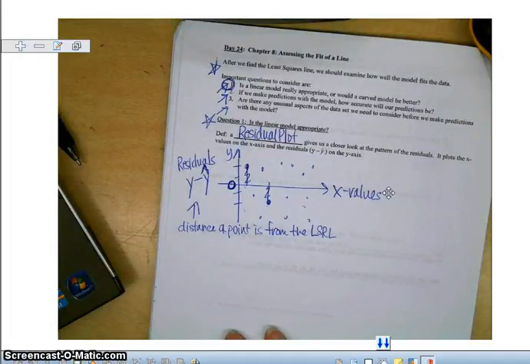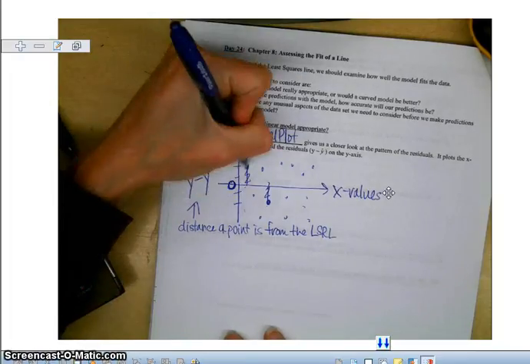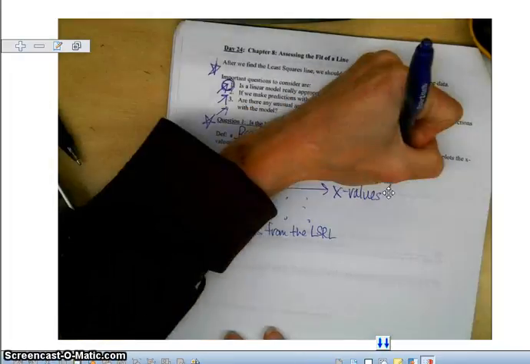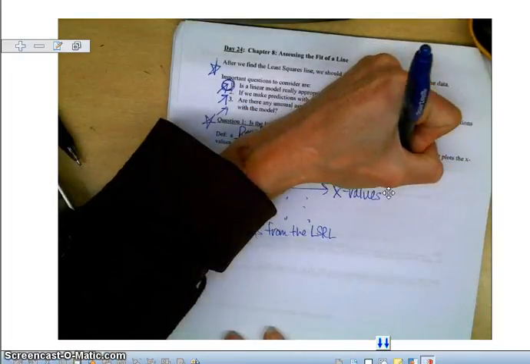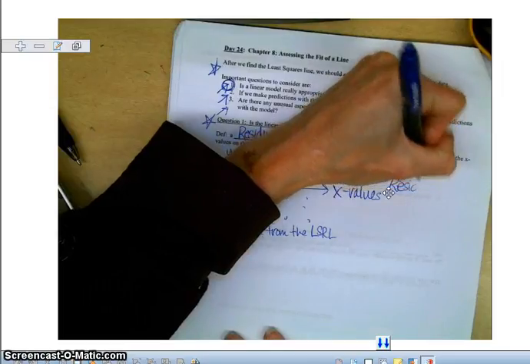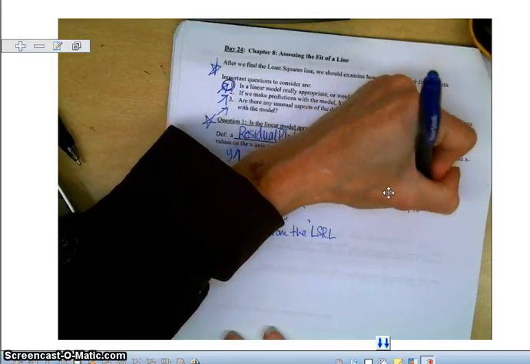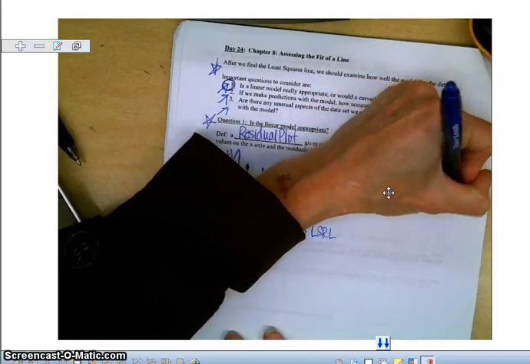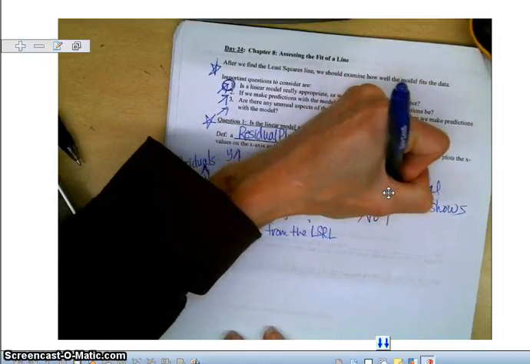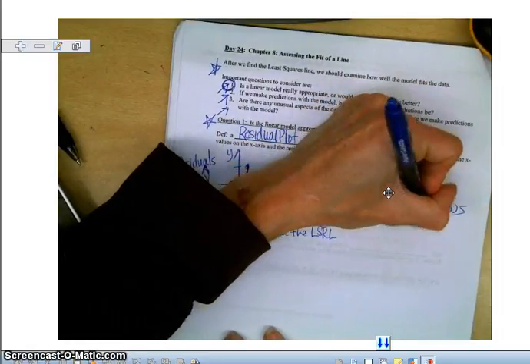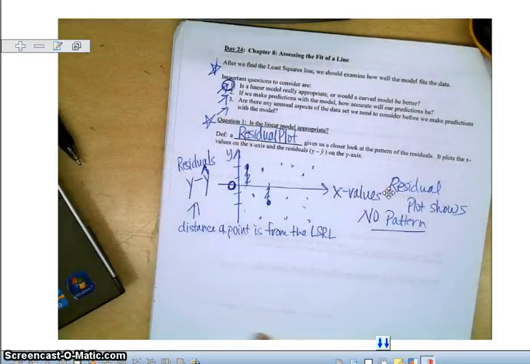So this residual plot right up here shows no pattern. Okay, that's what we want.